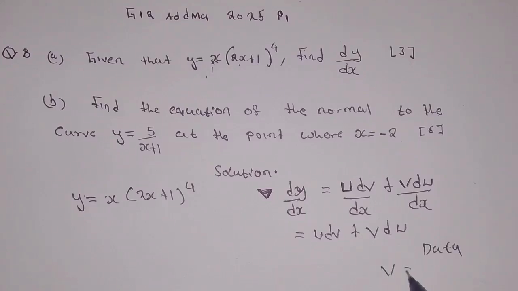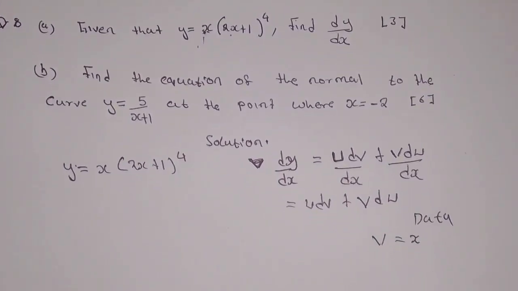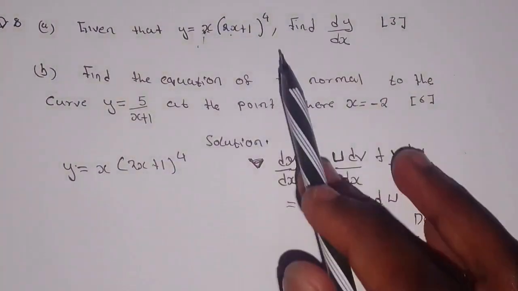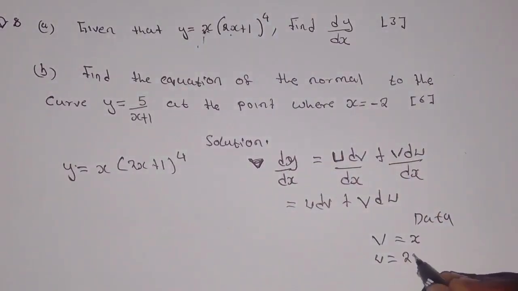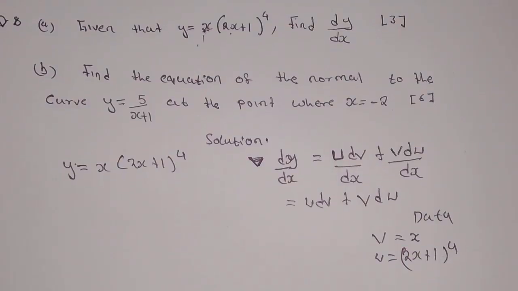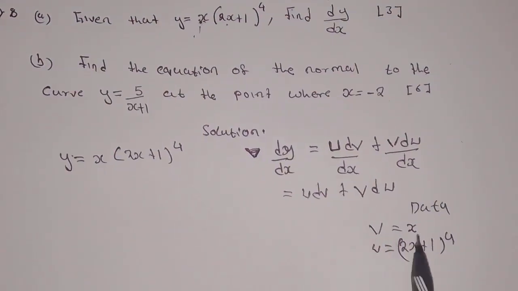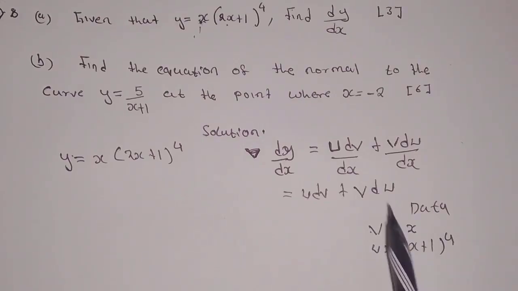So v is equal to x, and u is equal to the one that has remained, which is (2x + 1)^4. Then you find the differentiation of our v, and also of our u, so that we can just replace in this formula of ours.